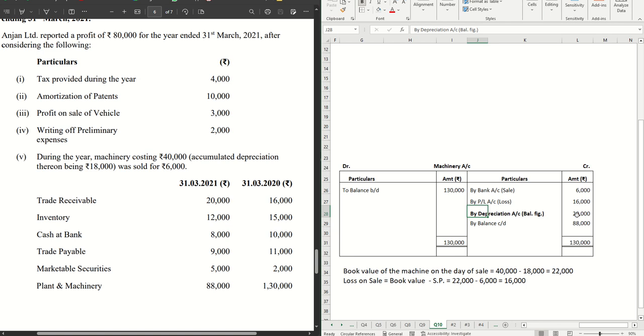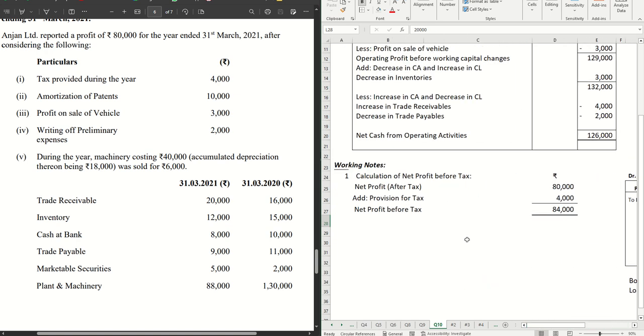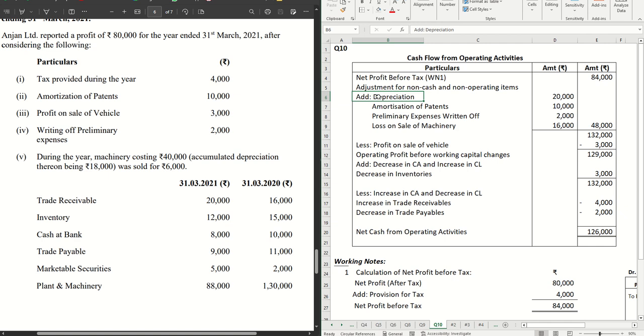This is the balancing figure that you need to calculate. Students might end up taking this 18,000 as depreciation during the year, but that is not correct. This is accumulated depreciation over the years, and we don't add this in the cash flow as a part of operating activities. So this 20,000 should go as your adjustment in operating activities.